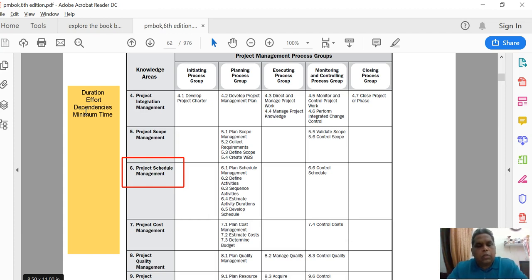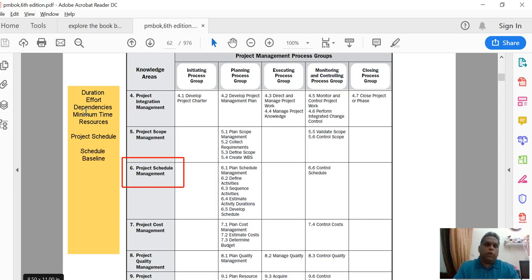So schedule management to a large extent talks about duration, effort, dependencies, and the resources that would be working on the project. In other words, one of the key deliverables that we would be creating as a part of working on schedule management is a document called a project schedule, or schedule baseline, for example.